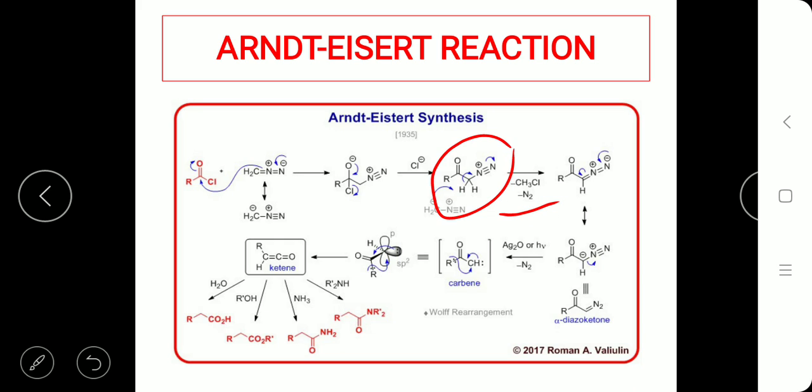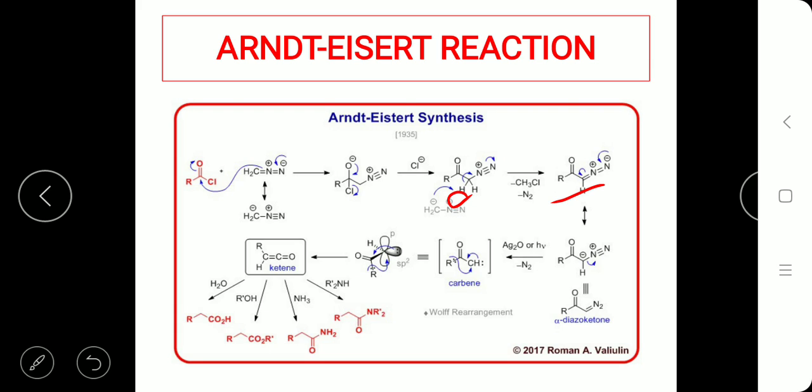Now you can see that nitrogen is having a positive charge, so hence there can be elimination of the nitrogen. That is, the nitrogen with the bonded pair is going to get departed as N2, and here there's going to be formation of a double bond. That is, one of the hydrogens is going to get deprotonated and that bond is going to form a double bond between carbon and nitrogen. Here you can see this, and then there is going to be movement towards the terminal nitrogen to give a negative charge on the terminal nitrogen.